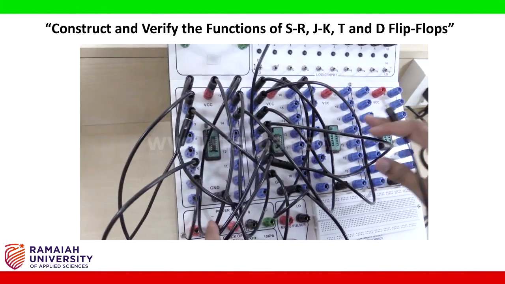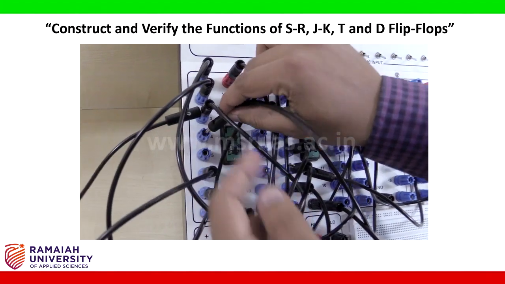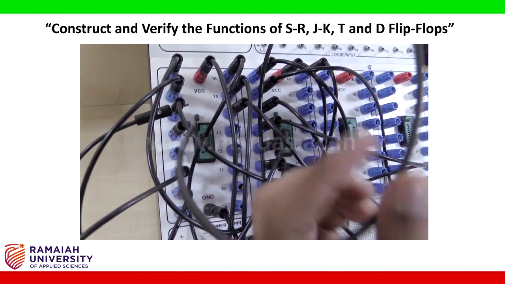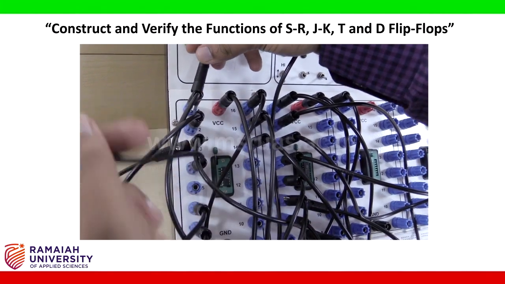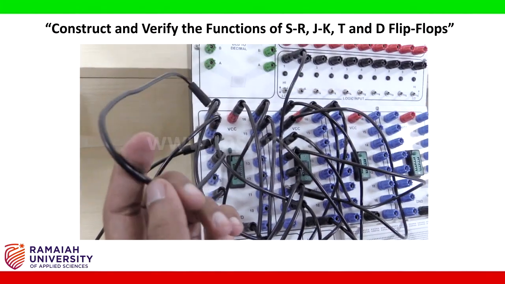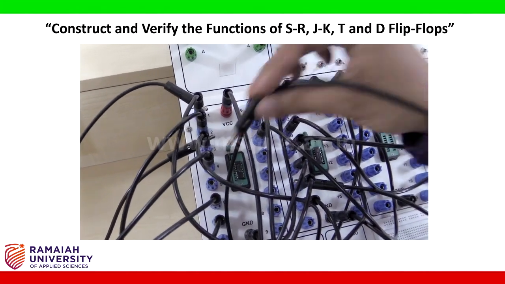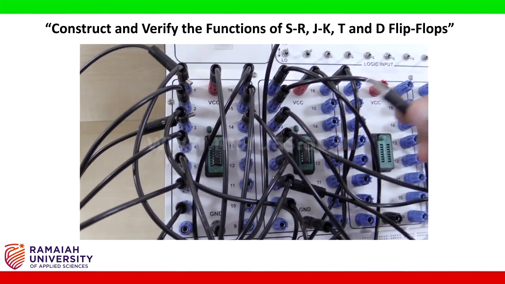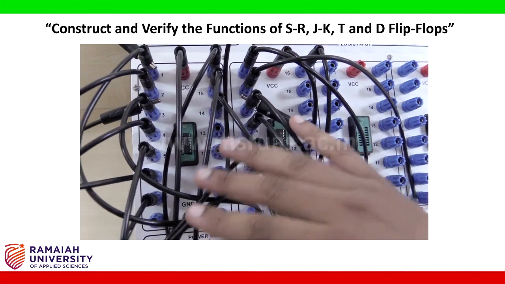Next we have to connect pin number 4 of 3 input NAND gate to pin number 1 of the 3 input NAND gate. Both of them are shorted since there is single input. Then pin number 5 of 3 input NAND gate is connected to pin number 3 of 2 input NAND gates. So now we have connected all the inputs.